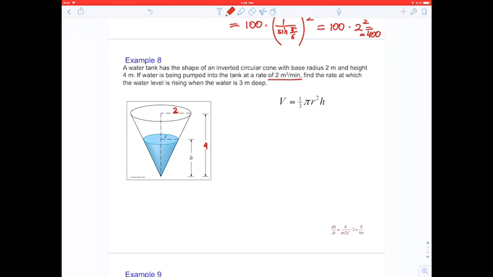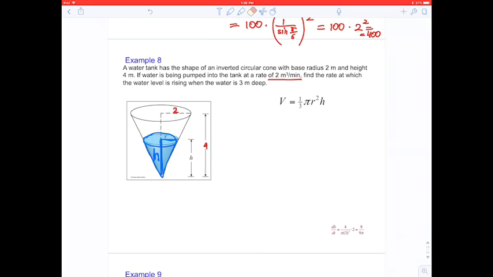We can see the big cone with the radius 2 and the height 4, and we can also see the small cone, which the water is creating. That's the small cone. And we're looking at how this height is changing, because they're asking us to find the rate of change at which the water level is rising. That means how this height is changing because it's getting higher and higher.